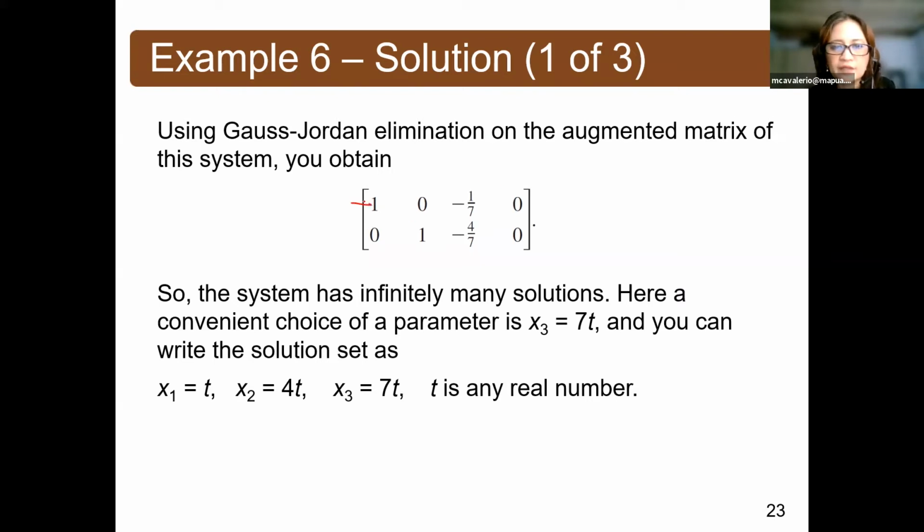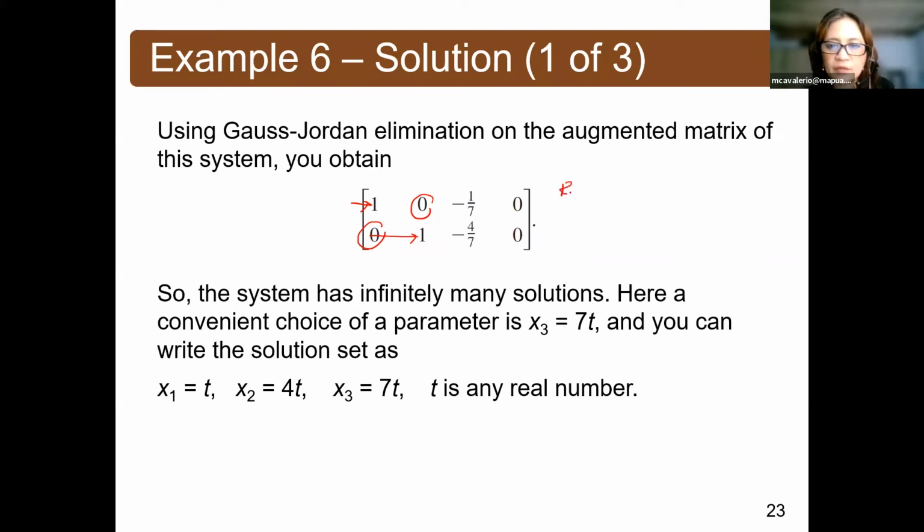So we will have the leading one and below it is 0, and the next leading one and above that one is 0. Notice that there are more unknowns than the number of equations, and hence this system of equations has infinitely many solutions, and consequently we can find the parametric solution for the system.